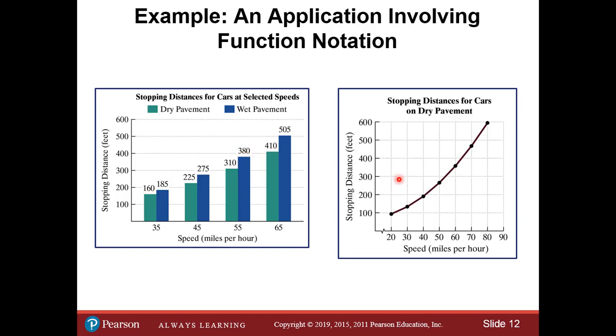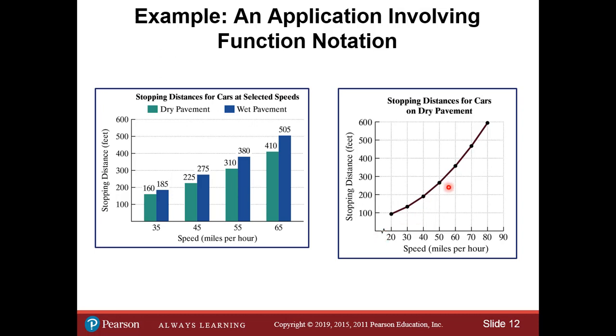Now, if we look at the line graph here, we plot each one of these stopping distances on a coordinate plane, and that's what is represented by each of these dots. We draw a curve through the dots, and we get a graph of stopping distances on dry pavement based on speed of the car.